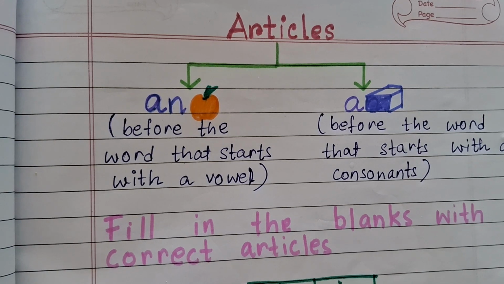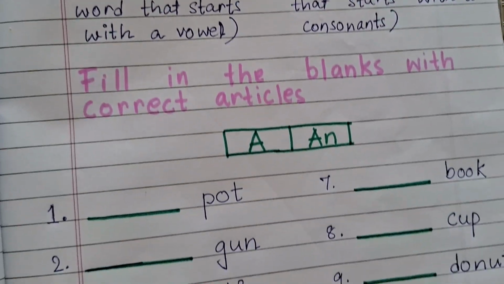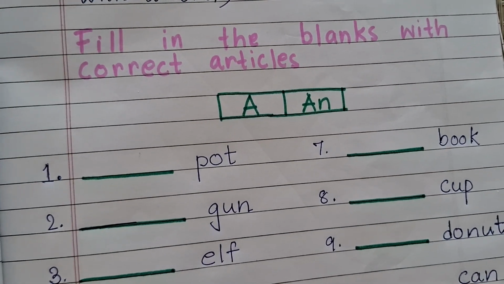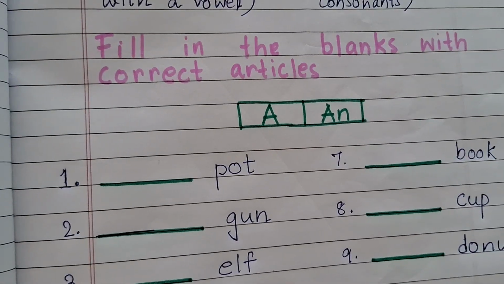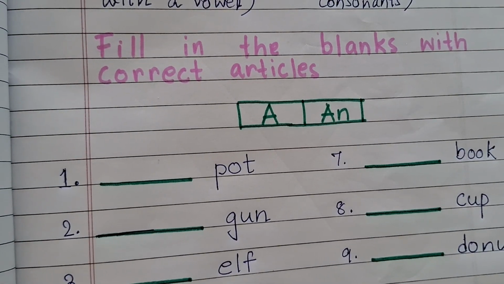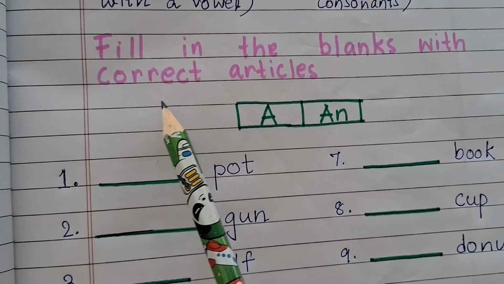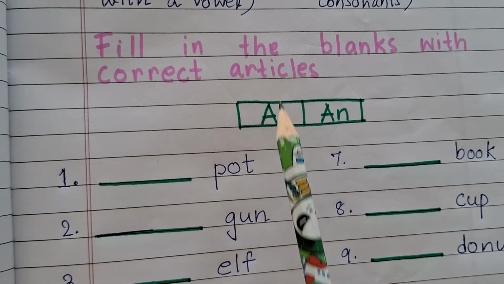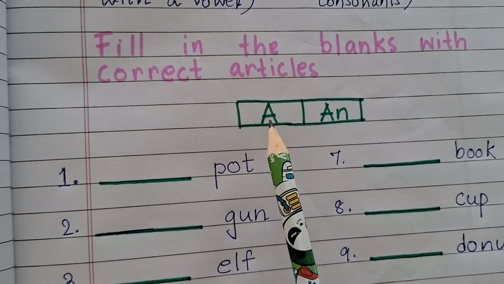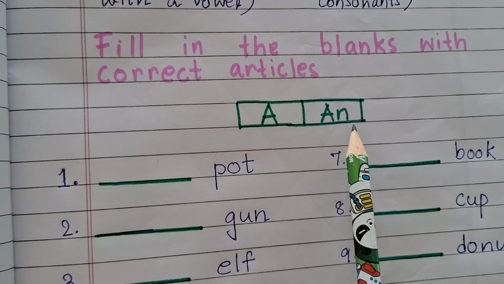Understood? Now let us do a worksheet with this. What is written? Read the instruction. It's written, fill in the blanks with correct articles. So we will be using two articles, a and an.